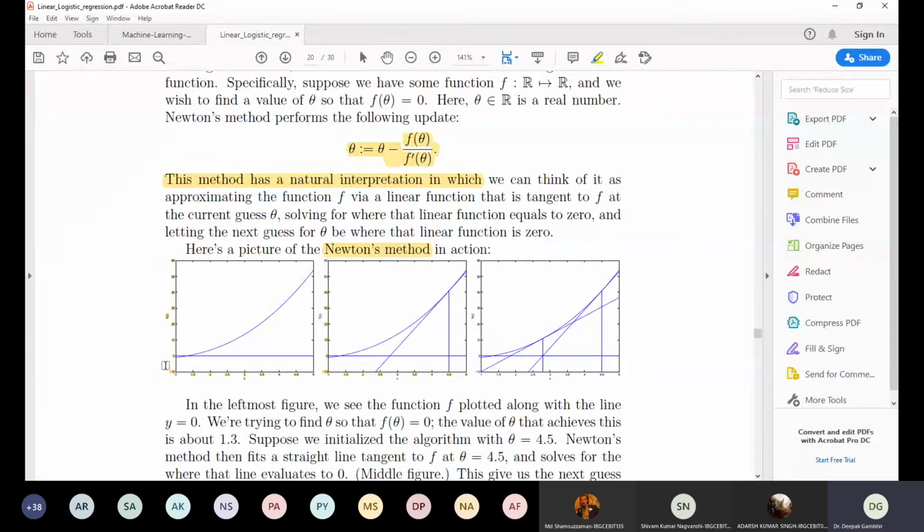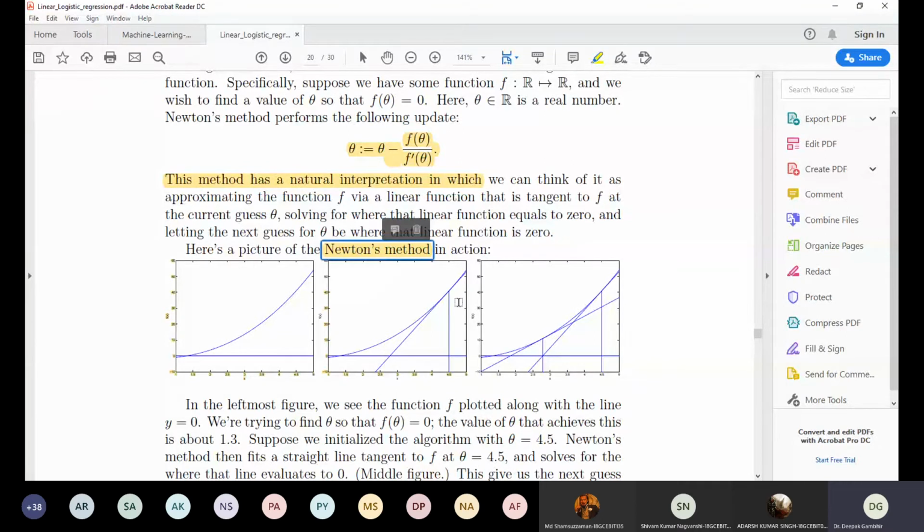Then the first tangent is drawn. So we keep on moving this tangent in a way that the resultant would be the minimum slope. That would be considered in the case of the Newton method.